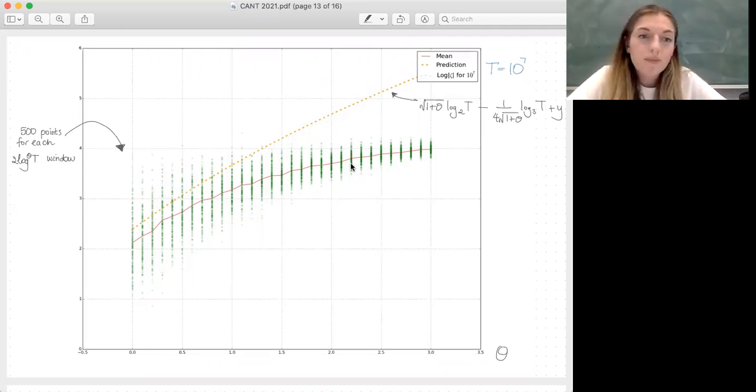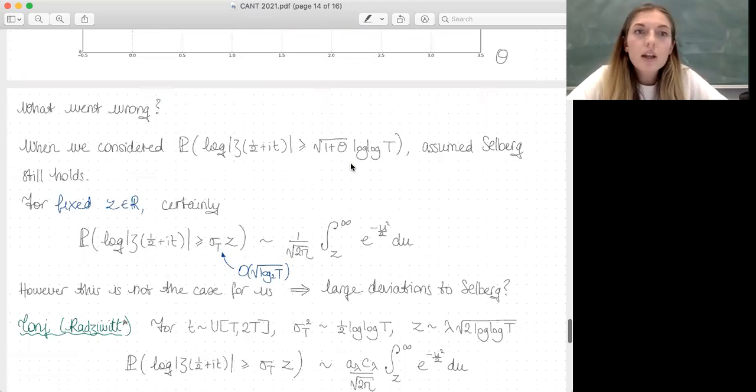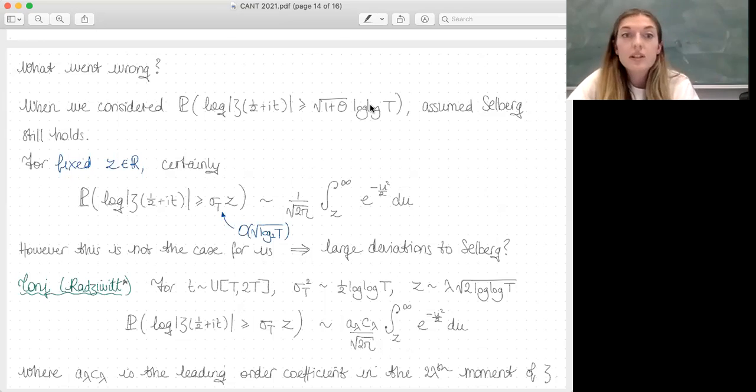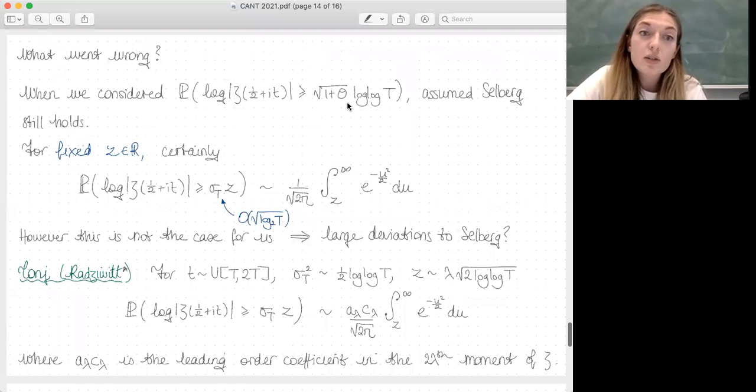Something's gone wrong. So what went wrong? Well, what went wrong is that we're trying to apply Selberg. So we considered the probability that log of zeta is greater than some value, and we just modeled this with a Gaussian, assuming that Selberg still holds. And it turns out this is no longer true at this sort of level. So the statement here is Selberg.